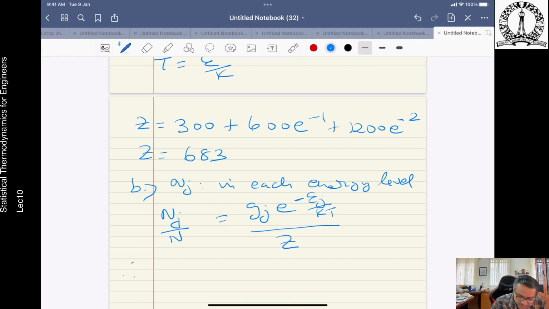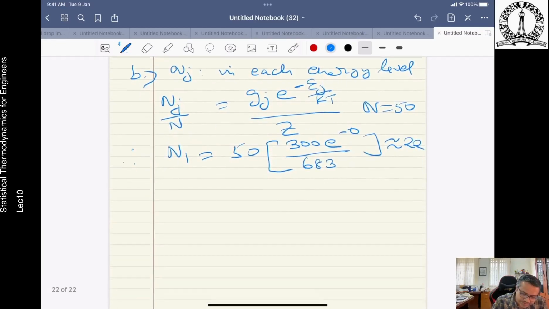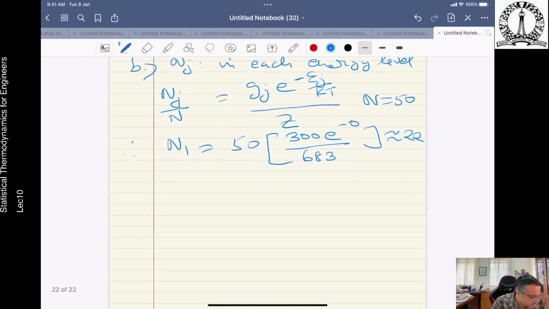N is 50, which is given. So N1 is 50 times 300 times e to the power of minus 0 divided by 683. This gives you roughly 22. Similarly, you can do the other calculations as well.